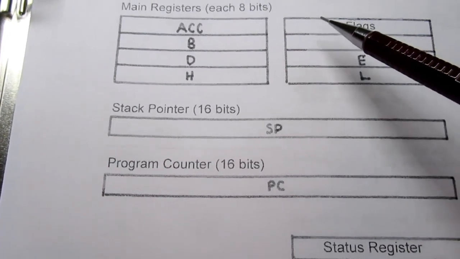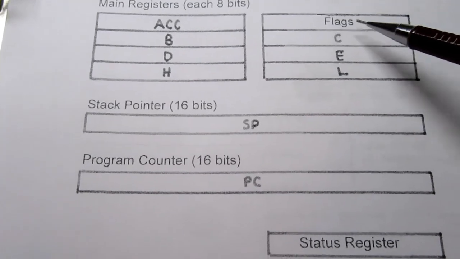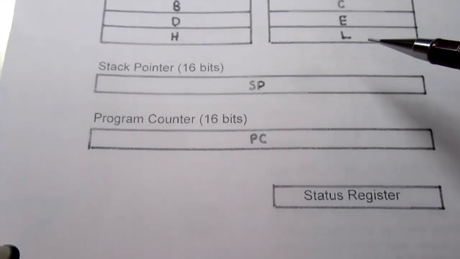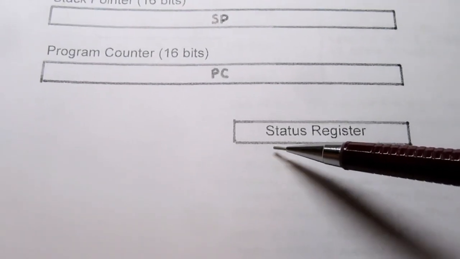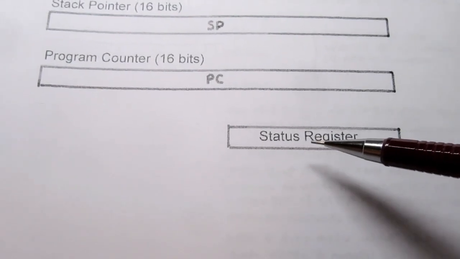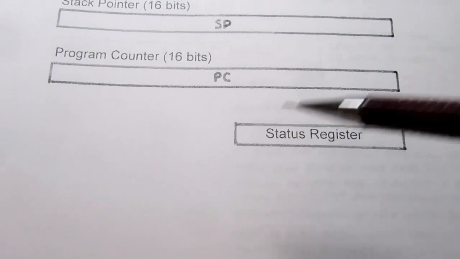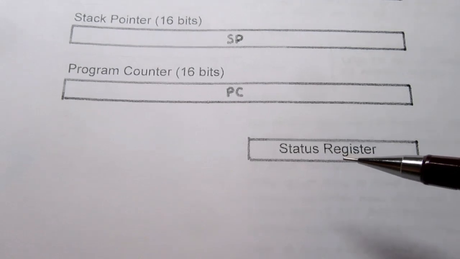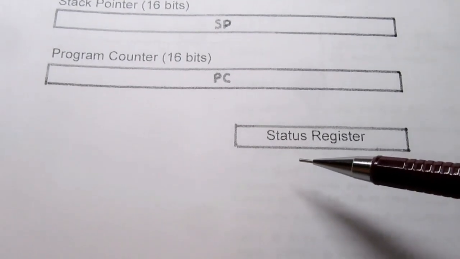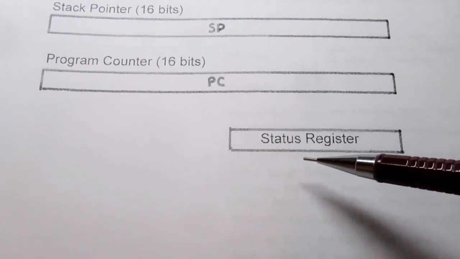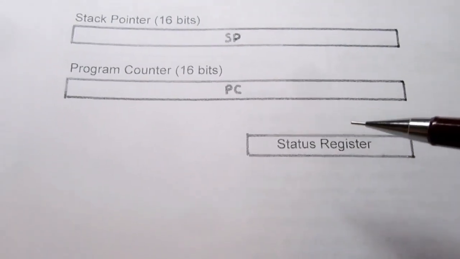Then there's a register where flags like the carry flag and some other things are in this set. There's also another 8-bit register of sorts, although I don't think Intel called it a register, but for our purposes it's a register. And that's the status register, which is output by the 8080 showing all of its most critical status bits encapsulated in an 8-bit word.